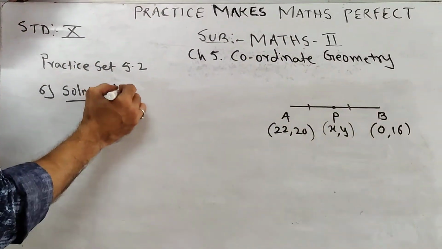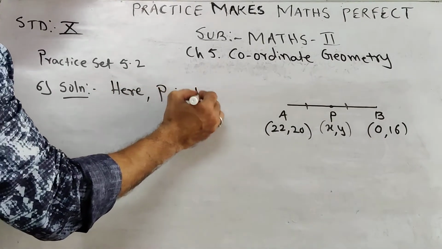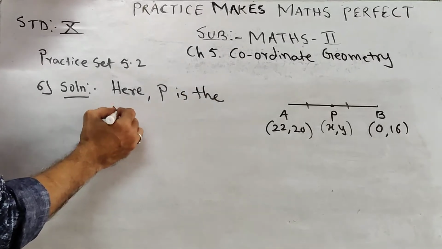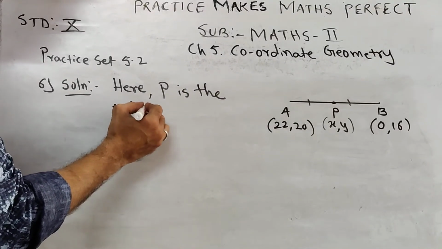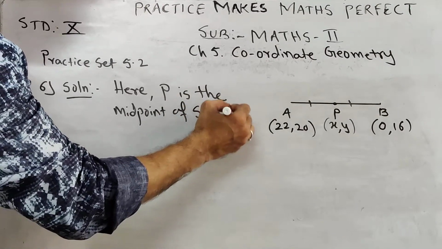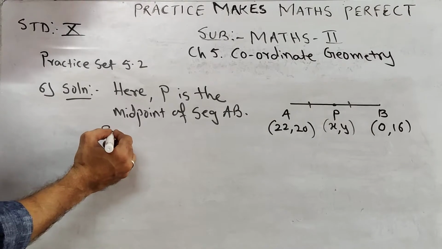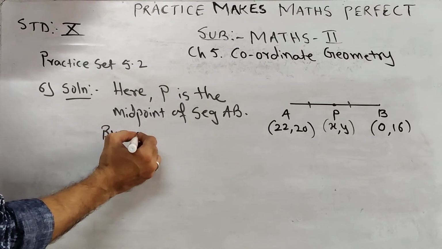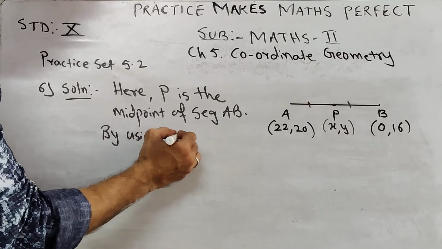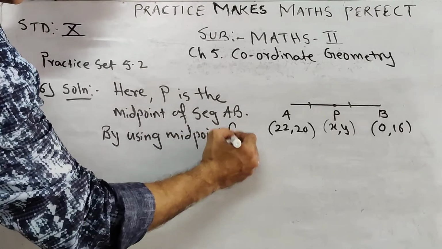Here P is the midpoint of segment AB, by using the midpoint formula.